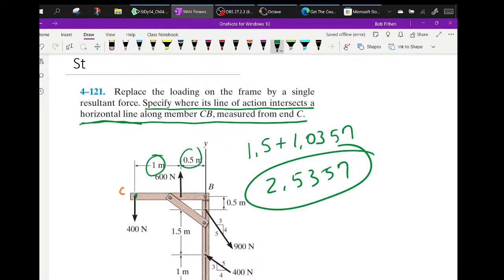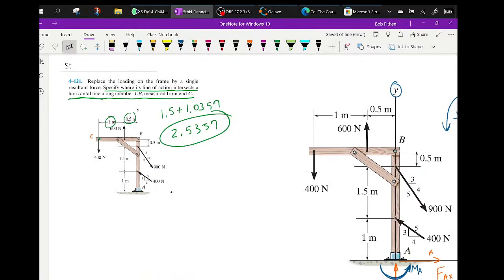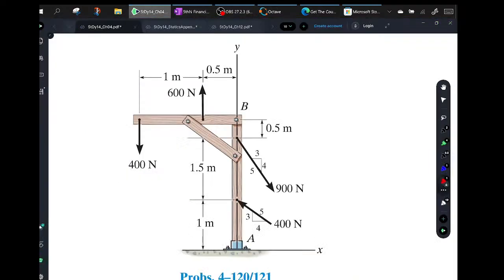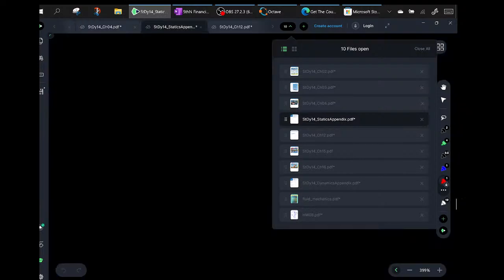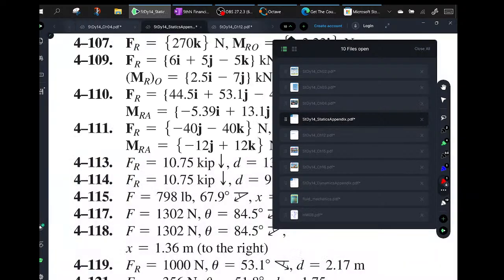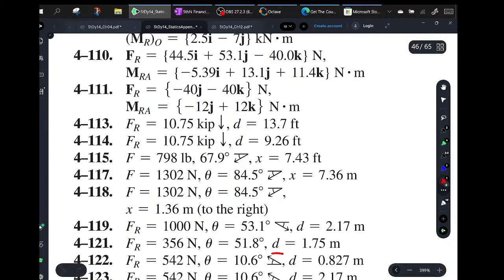So now, hopefully that's the answer in the back of the book. 4.121. Oh, how about that? Well, it's not.